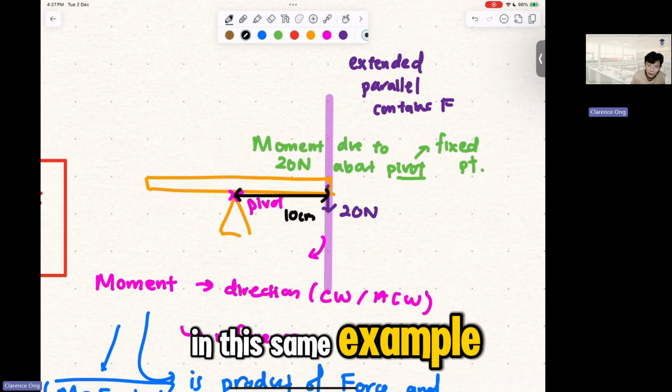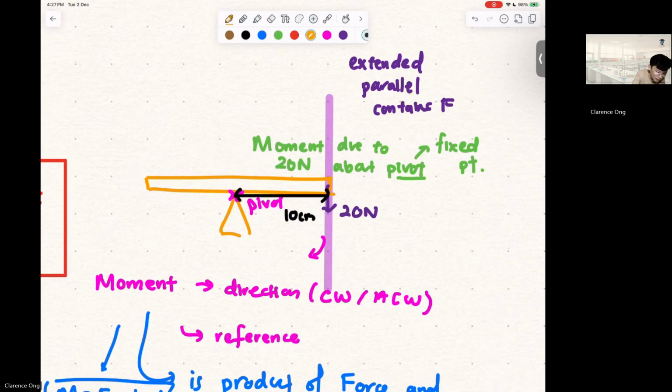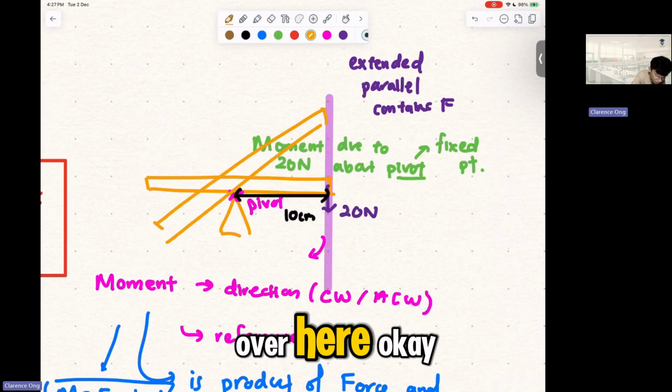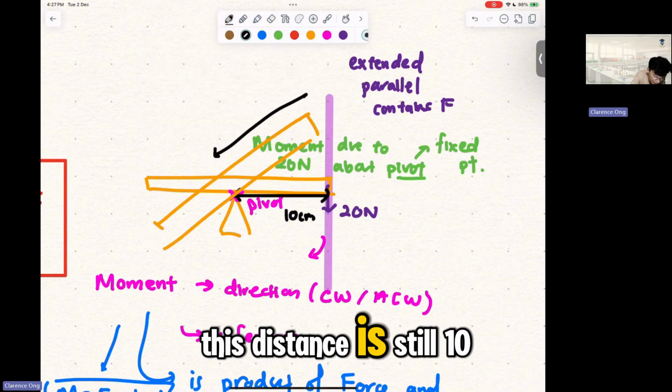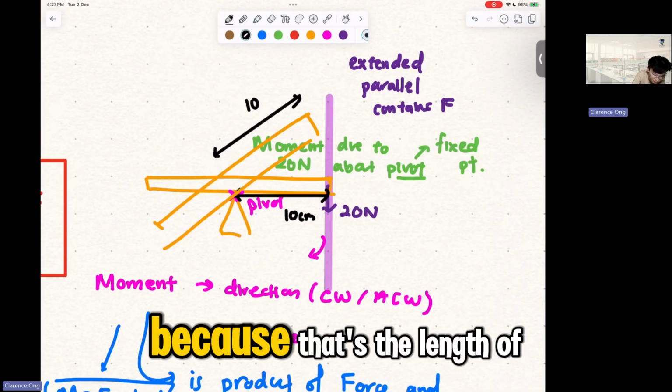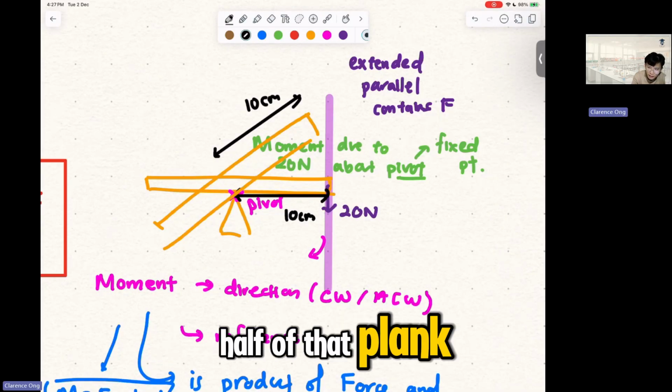In this same example, let's say we were to rotate the seesaw by a certain angle. Let's say the angle is over here. Okay, slightly. This distance is still 10 cm because that's the length of half of that plank.